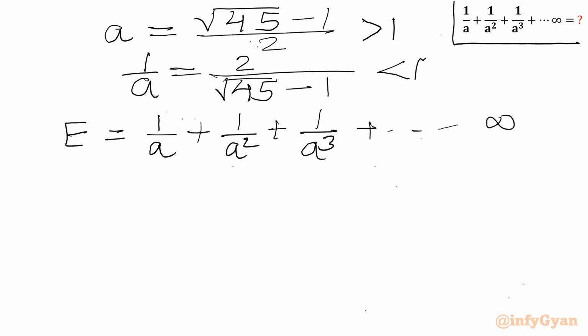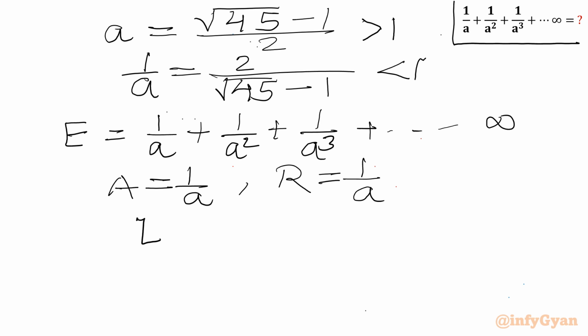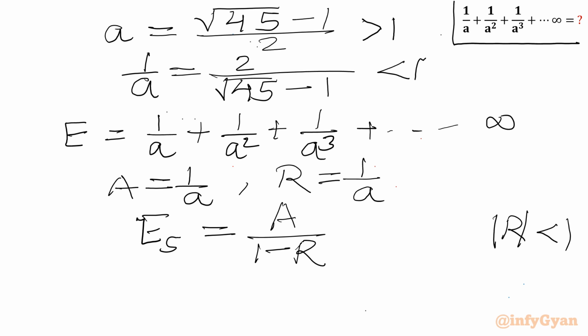So this is an infinite GP. So its first term will be 1 over a. Common ratio will be 1 over a. And if I will write the sum formula, I am writing equal to a over 1 minus r, where mod r should be less than 1 for convergence. So r value is 1 over a. You can see this is less than 1.